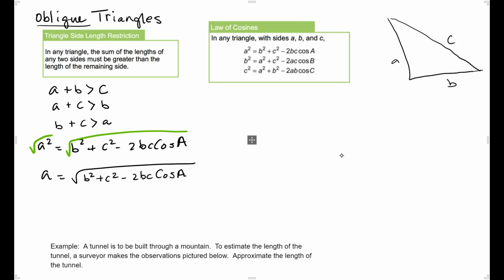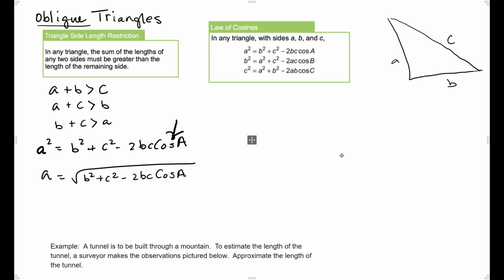Now, if we're trying to solve for an angle given this information, let's pretend that we're going to undo that. What we're going to do is isolate the cosine of A first.